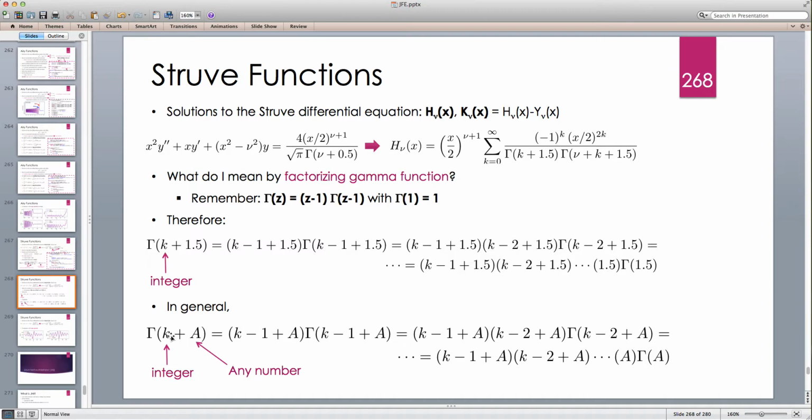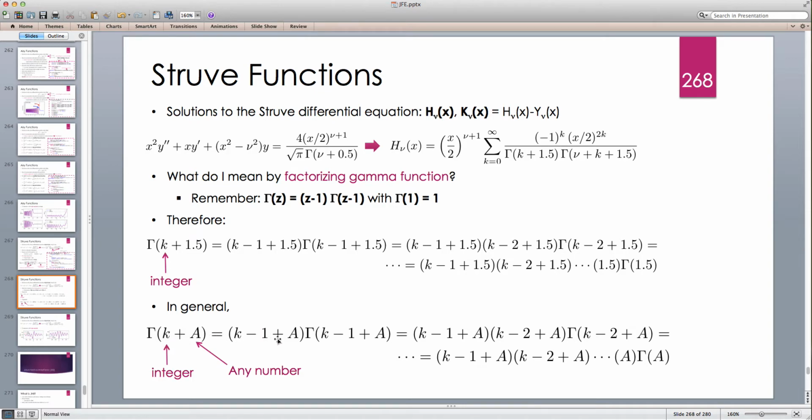And in general, gamma of k plus a, where a is any number. For example, in the second term, gamma of nu plus 1/2 plus k, a is nu plus 1/2, right? So in general, k plus a with k an integer, we can expand this to eventually get rid of k.